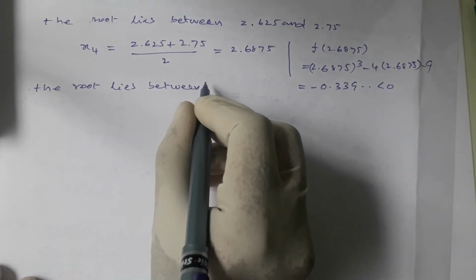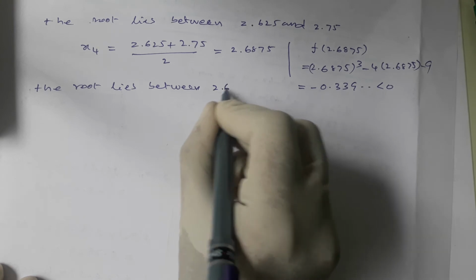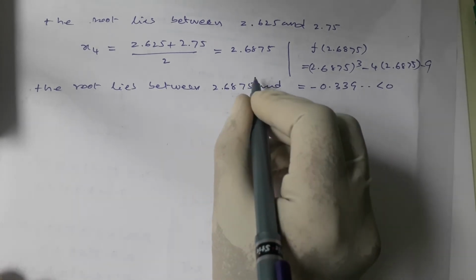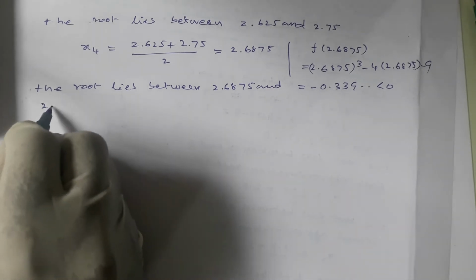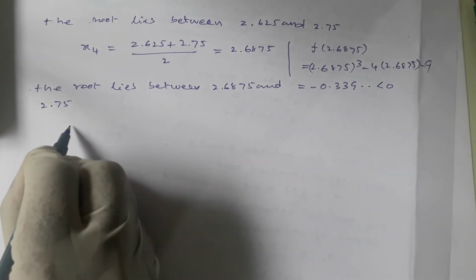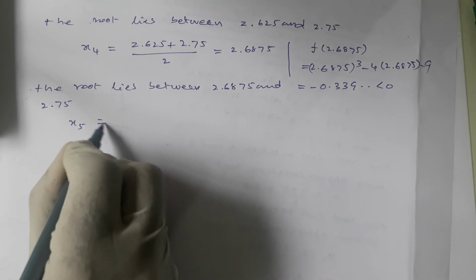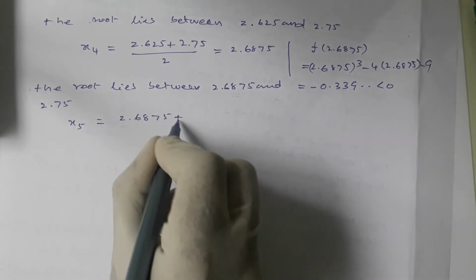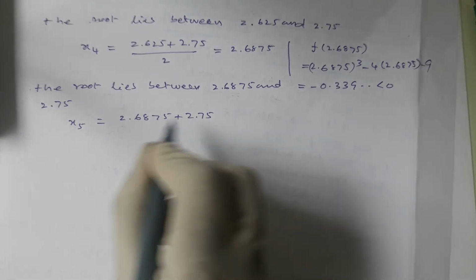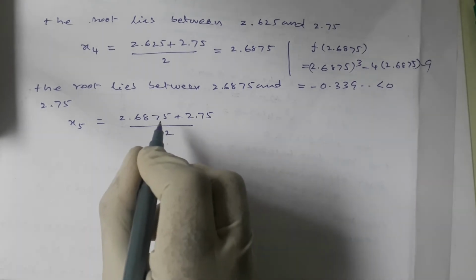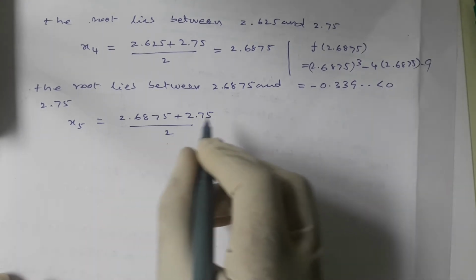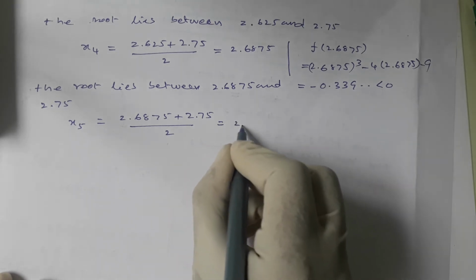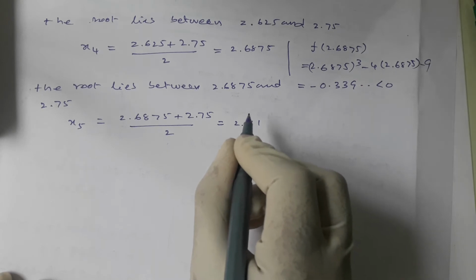That value is 2.6875 and its right side value is 2.75. So x5 is equal to 2.6875 plus 2.75 divided by 2 is equal to 2.7187.